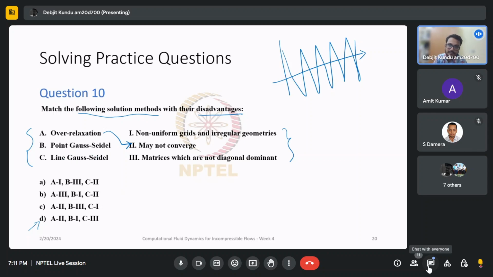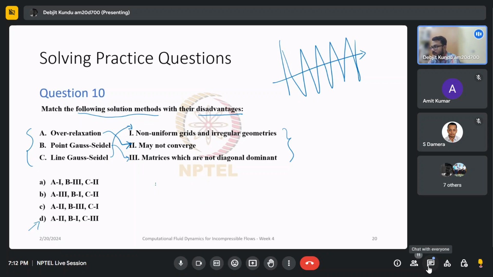This was one of the questions today. Non-uniform grids and irregular geometries, it cannot handle well. And that leaves us with one more option. Point Gauss Seidel is that the matrices which are not diagonally dominant cannot be solved properly.